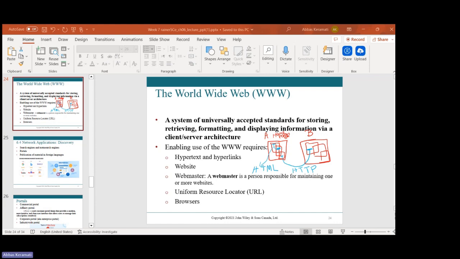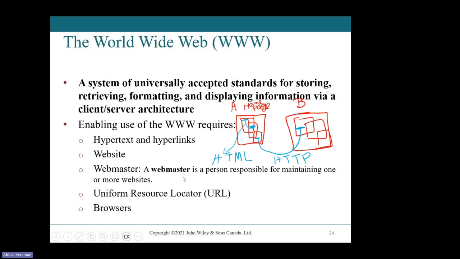Simply speaking, I wanted to show you examples, but the URL is a uniform resource locator. For example, Brocku.ca is the URL of the Brock University website.